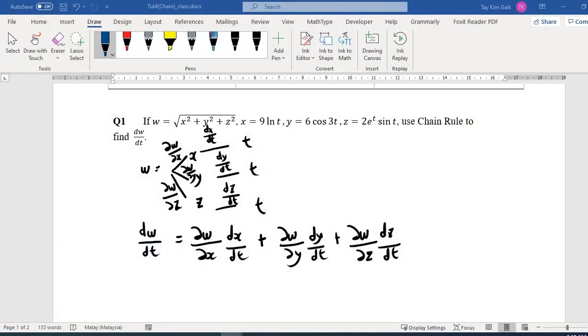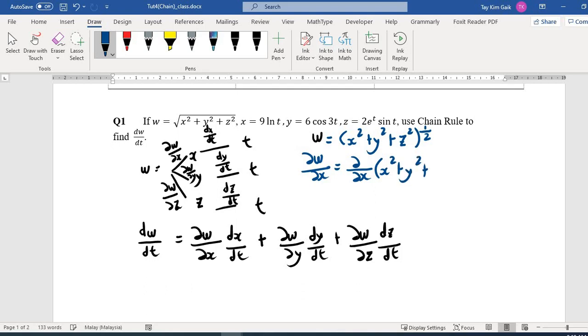So from w here, square root is actually power half. So you have x squared plus y squared plus z squared, power half. So we want to find del w del x, which is del del x of x squared plus y squared plus z squared power half.